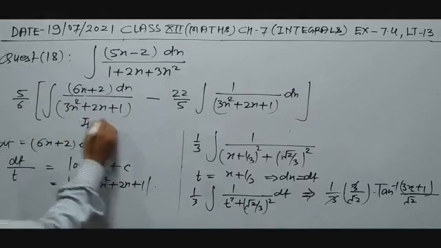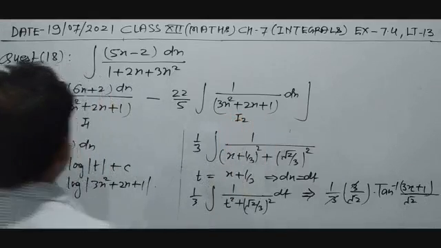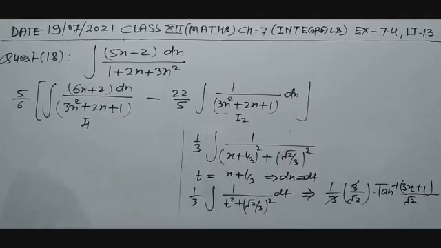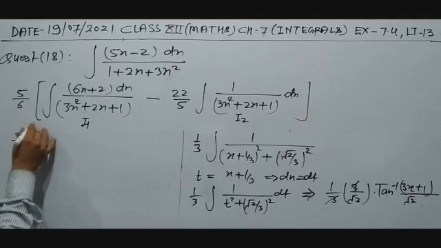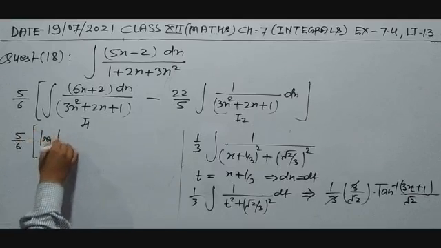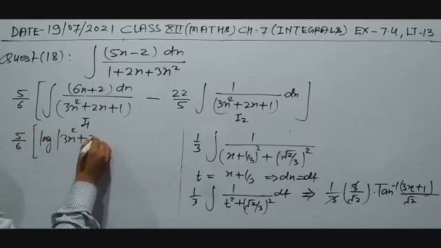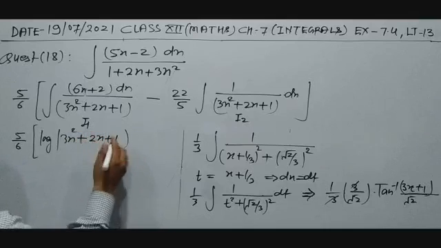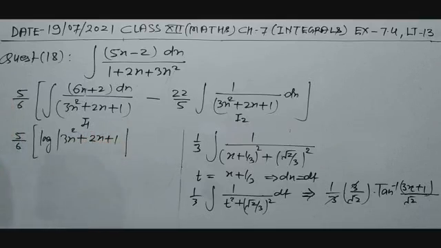This was I1 and this was I2, and I1's result was log of 3x² + 2x + 1. So 5/6 log of mod of 3x² + 2x + 1. This is the result of the first integral.